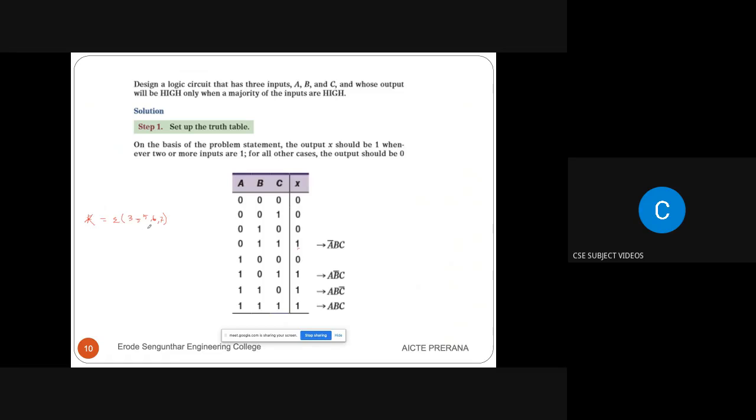So we have to simplify this using the K-map. The number of inputs is 3, so we can use the 3 variable K-map. Here is the 3 variable K-map.